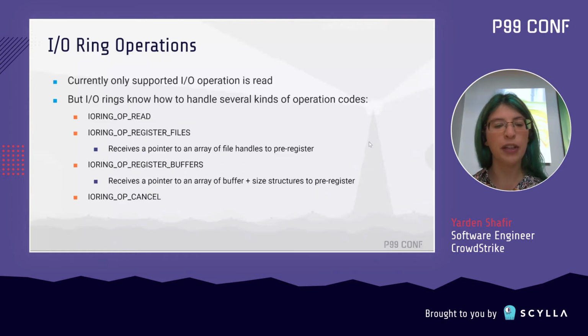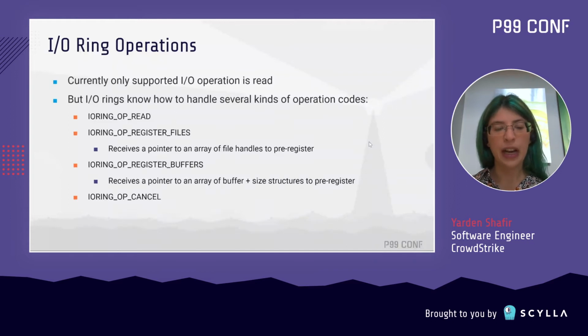And you can pre-register an array of buffers just the same way. And this way, when you register a read operation, you don't necessarily need to give it a file handle and a buffer. You can also give it an index to a file handle or an index to a buffer.